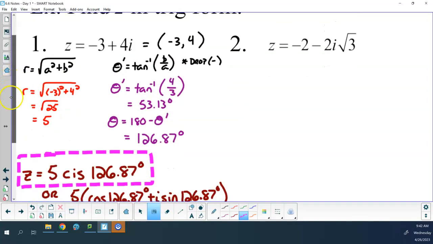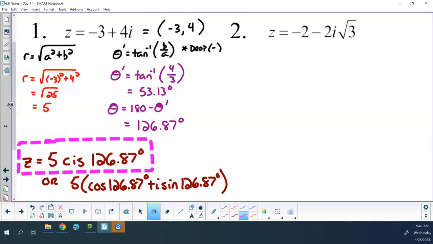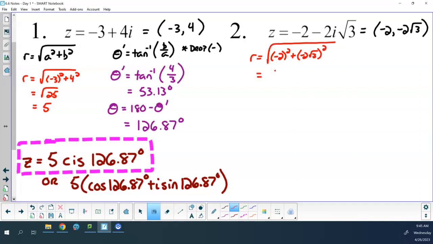You do number 2. So this one would be the point -2, -2 square roots of 3. My r value would be the square root of -2 squared plus -2 square roots of 3 squared. This one's 4. This one's 12. So that's going to be the square root of 16, which is 4.